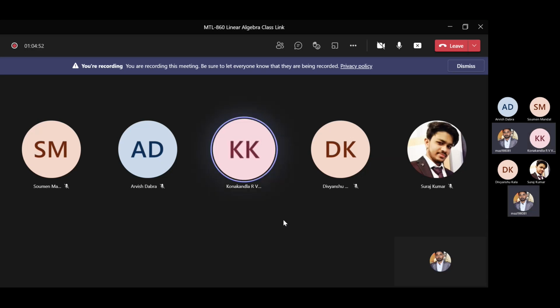Sir, for the offline exam, are we allowed to take laptops to classrooms and write the exam? Mm, no, I think for the offline exam, like earlier, we give you the question paper and answer sheet both.